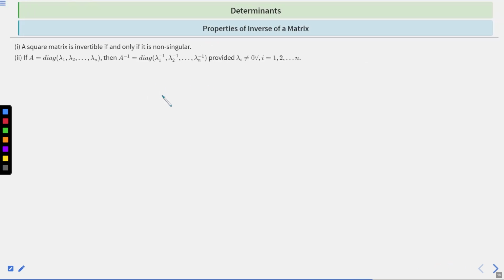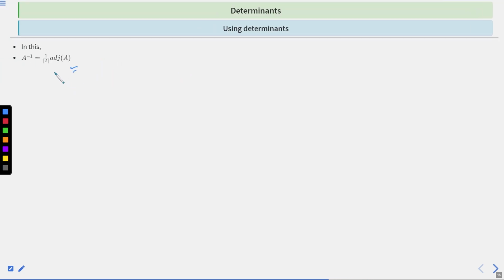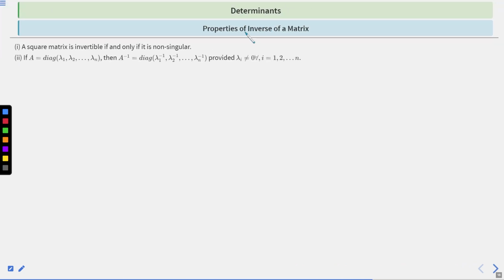Now, properties of the inverse of a matrix. A square matrix is invertible if and only if it is non-singular. It should be non-singular, because if it is singular, then the determinant of A is 0, and then A inverse is not defined. So A should be non-singular. Now, if A is equal to diag(lambda 1, lambda 2, ..., lambda n), then A inverse will be diag(lambda 1 inverse, lambda 2 inverse, till lambda n inverse), provided lambda i is not equal to 0 for all i equal to 1 to n.